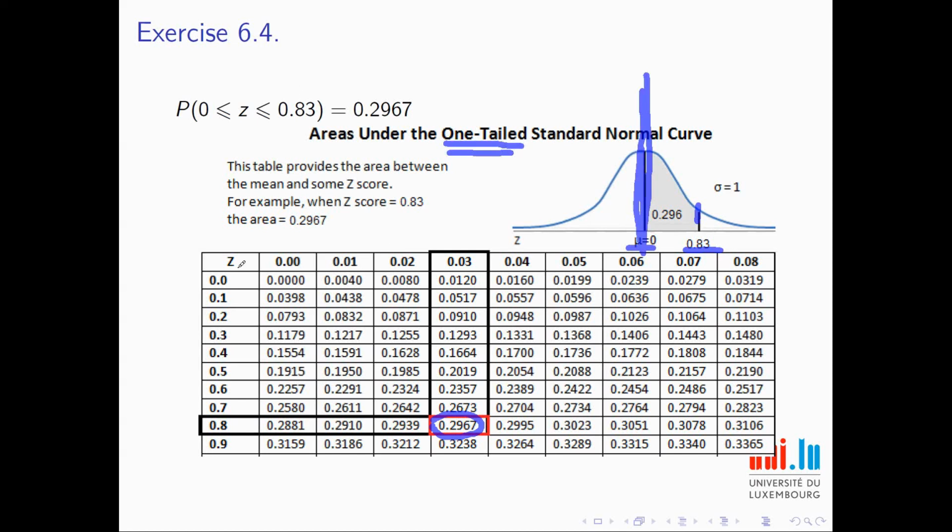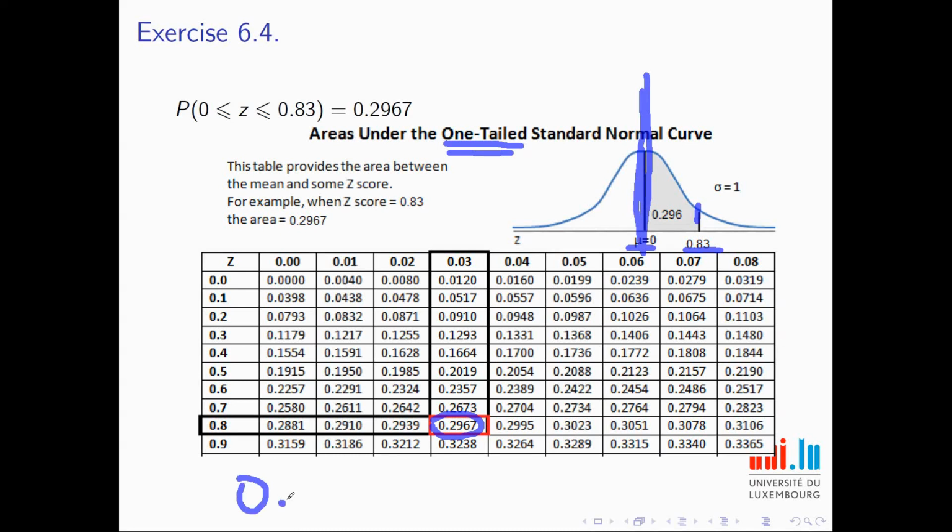So you can ask me how to use the table. As you see here, in the rows you see the tens of our quantile, and in columns we see the hundredths of our quantile.